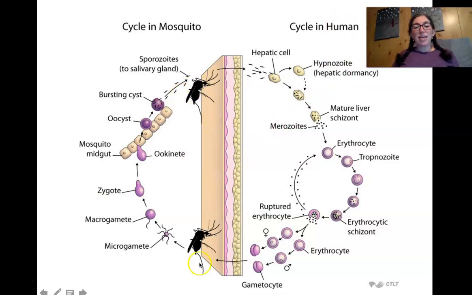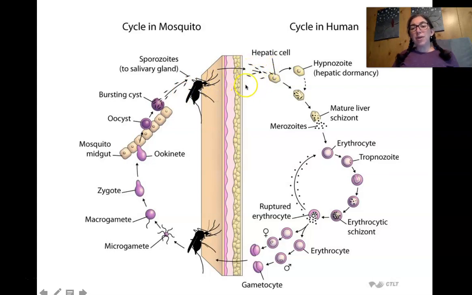So the mosquito bites a person and gets these gametocytes. The gametocytes then undergo sexual fertilization, and here's the zygote that forms, which is a fertilized egg, and it matures, and when it ruptures, it releases a whole bunch of these little sporozoites, which is what get injected into the human.